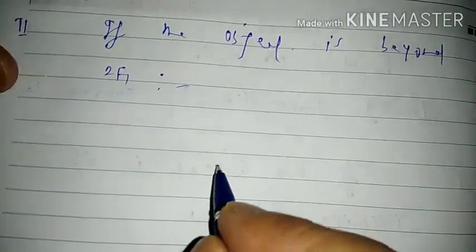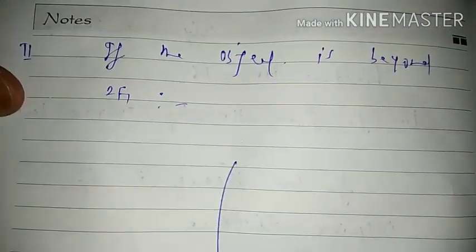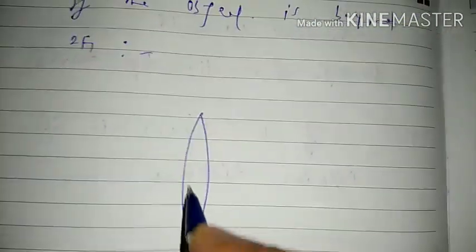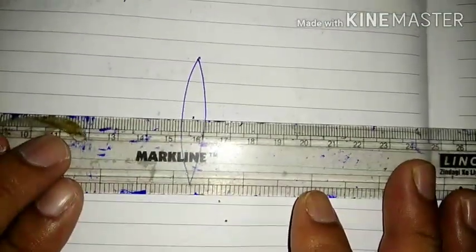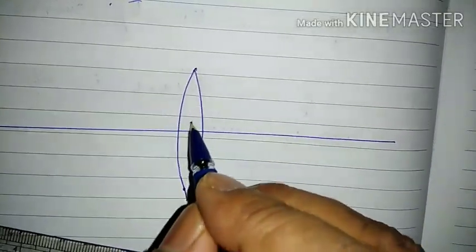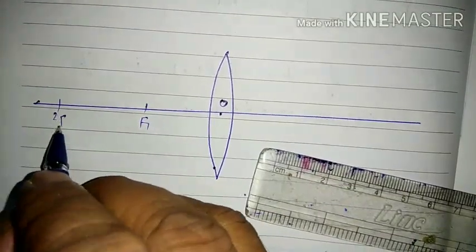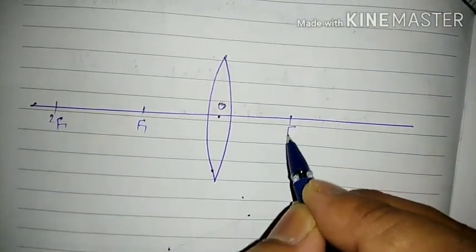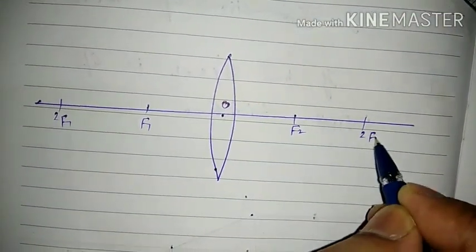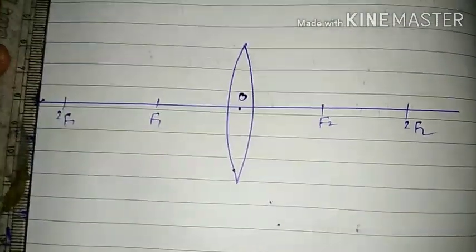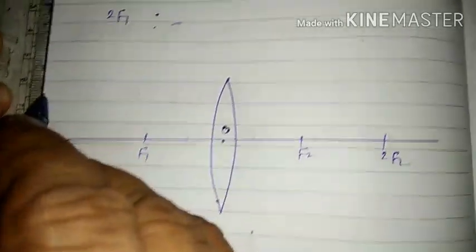See, suppose this is our convex lens, this is optical center, this is principal axis. Suppose F1, 2F1, F2, 2F2. If object is beyond center of curvature, that is beyond 2F1.